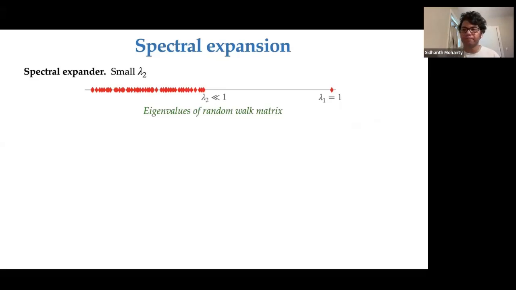Okay, so just to recap what the notion of spectral expansion is. If I give you an n vertex graph, and I write down the eigenvalues of its random walk matrix, there's going to be n of them. There's going to be the trivial eigenvalue, which has magnitude 1. And then there's going to be the non-trivial ones. And we say a graph is a spectral expander if there's a significant gap between the top eigenvalue and the second eigenvalue.